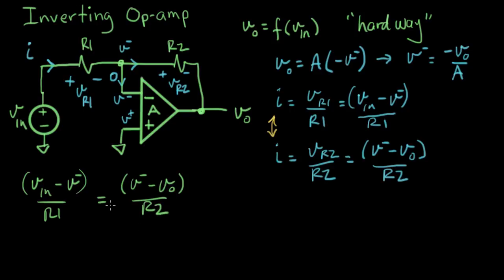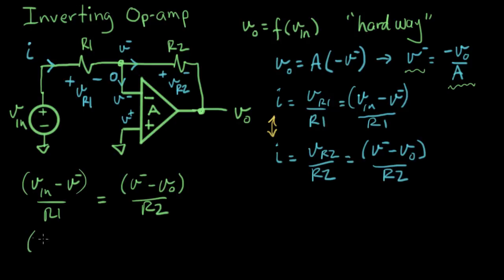So what I'm going for here is, how many variables do we have? We have V out, we have V in, and we have V minus. And what I want is just V out and V in. So I'm going to try to eliminate V minus. The way I'm going to do that is to take advantage of this statement right here to replace V minus with minus V out over A. So let me rewrite this.